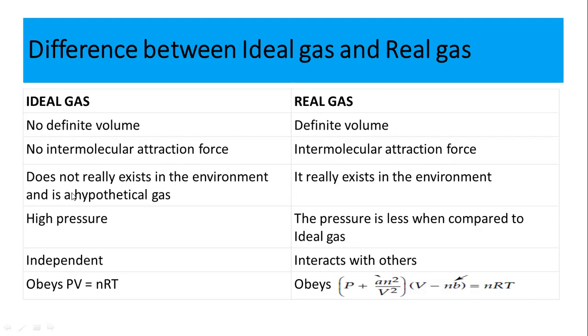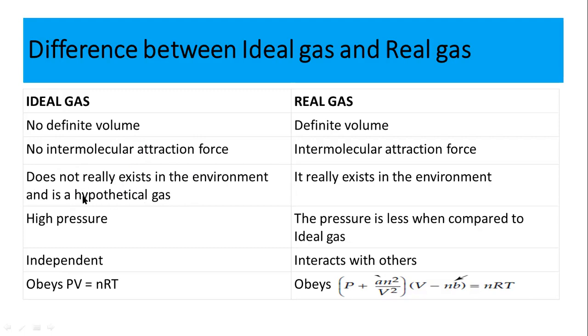The third difference is that the ideal gas does not really exist in the environment, and it is a hypothetical gas. This is because it is very rare that a gas has no volume or no intermolecular forces of attraction.